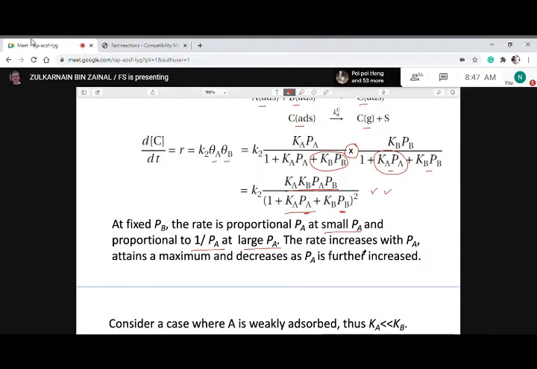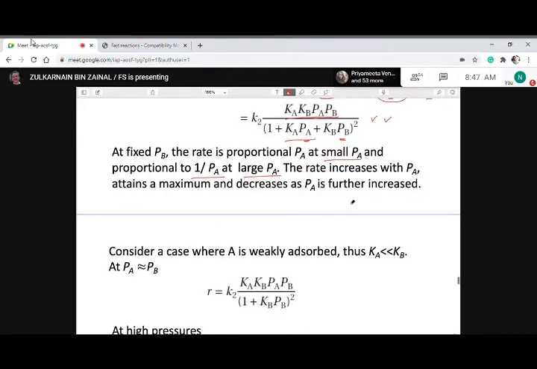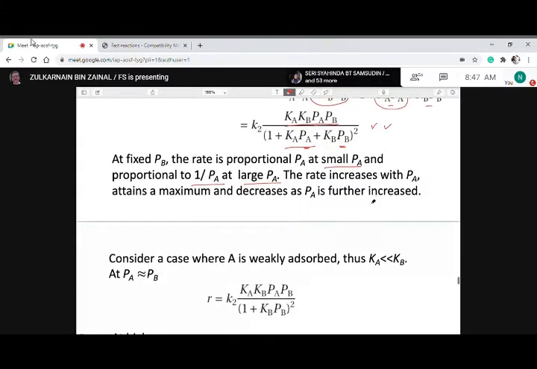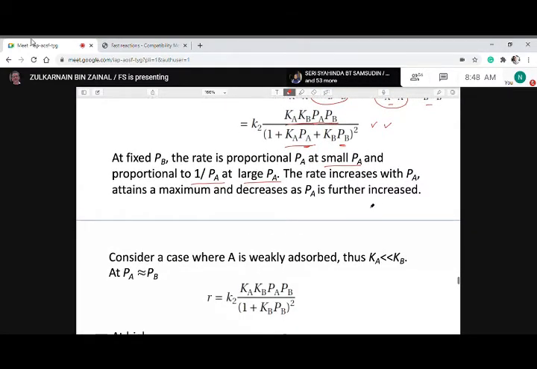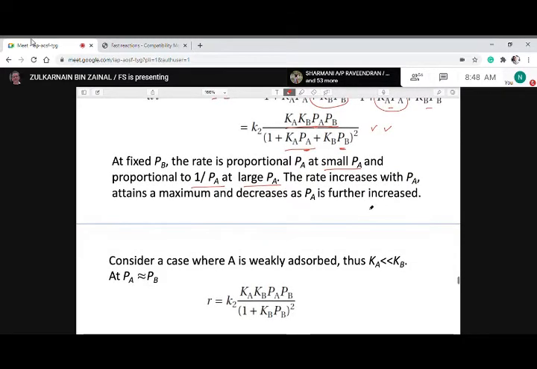So the rate increases with PA to a maximum and decreases as PA is further increased.